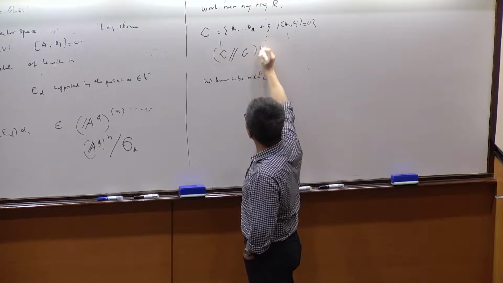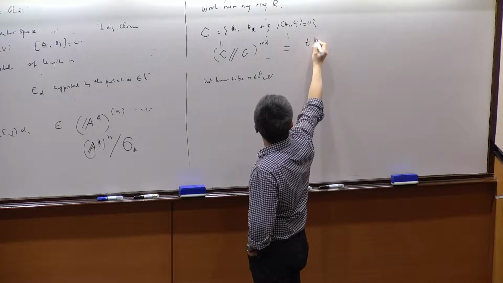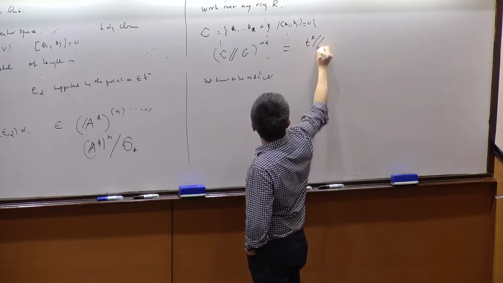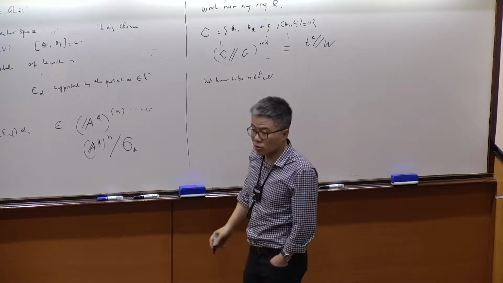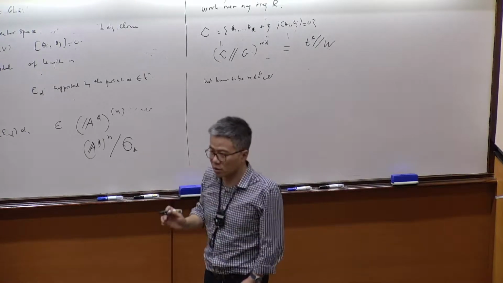But if you take the reduced part, this becomes T to the d divided by the diagonal W. It should be reduced, but nobody can prove it.